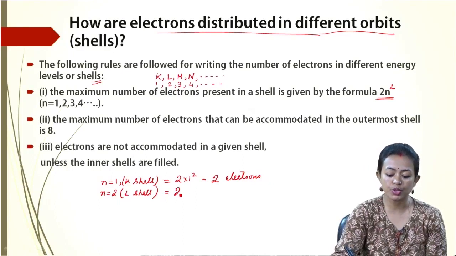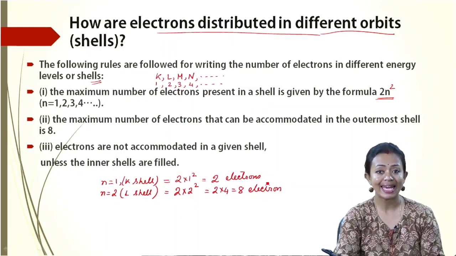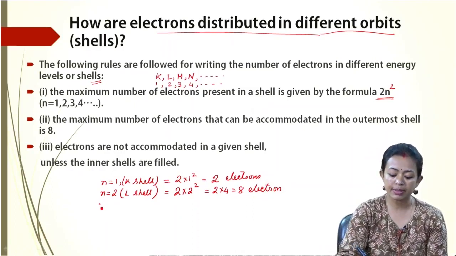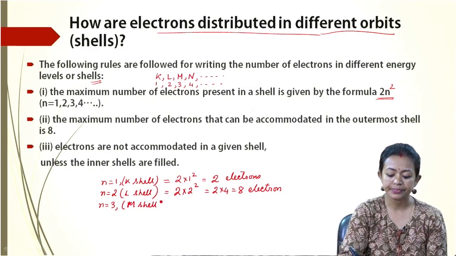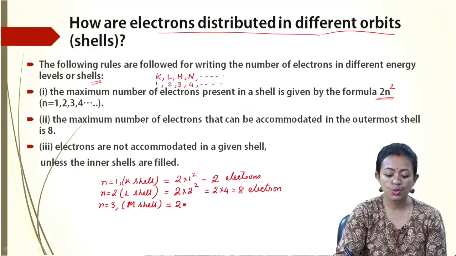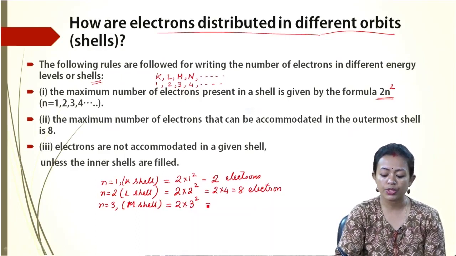For the second shell, it is going to be 2 into 2 square, which is equal to 2 into 4, that is 8 electrons. So your second shell will always contain 8 electrons. Similarly, for the third shell, that is M shell, 2 into 3 square, because n is equal to 3, which is equal to 2 into 9, that is 18 electrons.